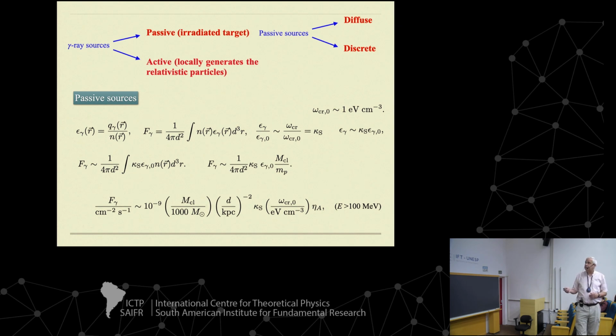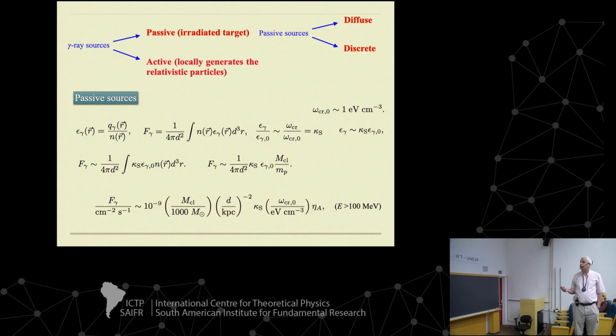But what about the specific emissivity? Well, the idea is that the specific emissivity in the source, divided by the specific emissivity in the local neighborhood of the sun, is of the order of the ratio of the cosmic ray density in the source divided by the local cosmic ray density in our environment.